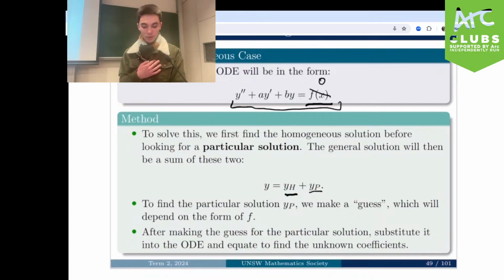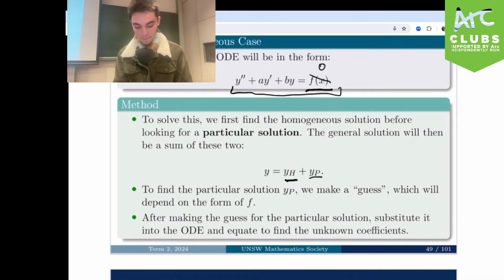And then once we add those together, we actually obtain all the possible solutions to this whole differential equation, okay? Finding one that equals 0 on the right-hand side and finding one that equals f of x on the right-hand side and adding them together. So the trickiest part of this is actually finding the particular solution, yp, okay?